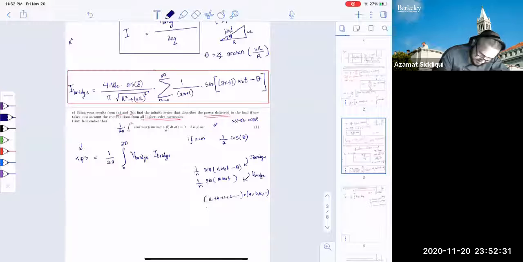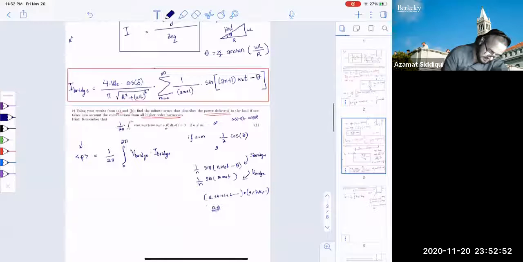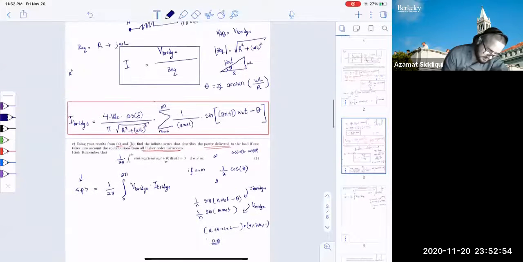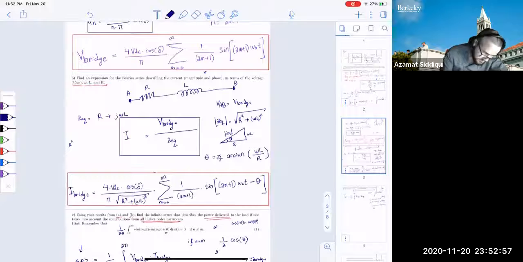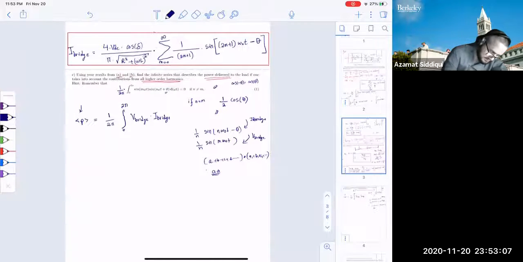All of that is going to cancel if they're not matching. So a times a gives us an answer if I replace a with sine of n omega naught and a1 with sine of n omega naught. If these two are equal, they give us an answer. If not, not. That means the constant terms multiply. Looking at I bridge and V bridge, they have everything in common. So all of that squares, except we don't have a square of the square root of r squared plus omega naught squared.